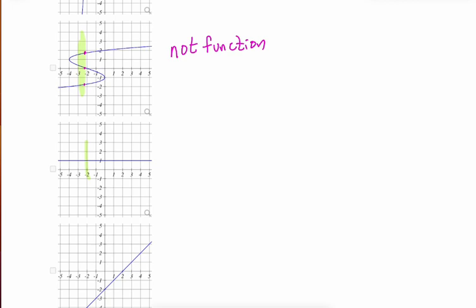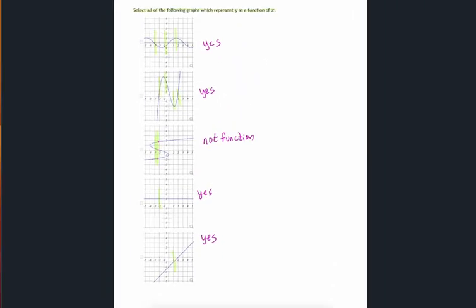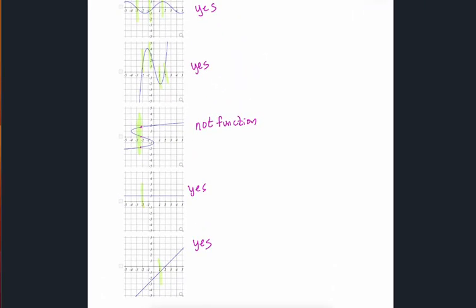This one's okay, that's a yes. And this one's okay, that's a yes. So every one of those would be considered a function, except the third one down. We have some areas of the graph that line up vertically, so it fails the vertical line test.